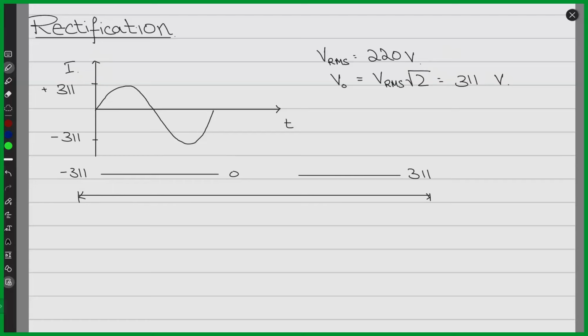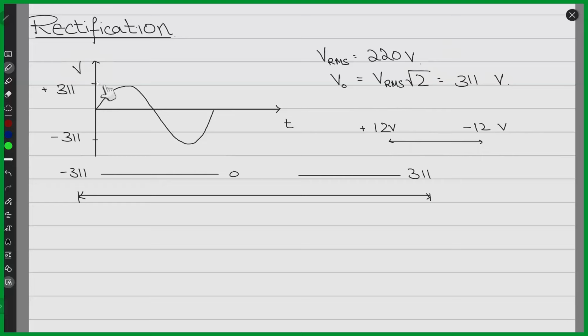Let's suppose that you were even able to use a transformer and step down your voltages. This is the voltage axis. Let's suppose you brought it down to 12. Even then you have plus 12 and you have minus 12 volts. There is a significant gap between these two voltages.